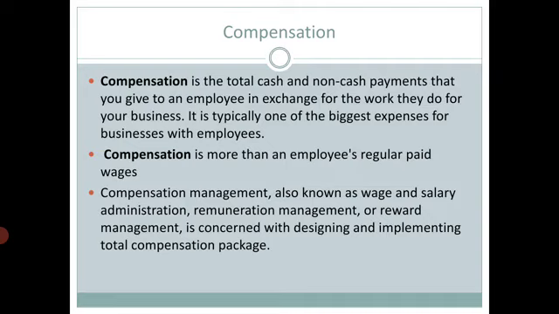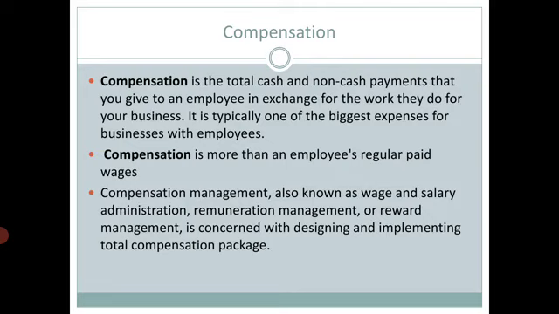Some are commonly known as blue collar workers and some are called white collar workers. What you pay to a blue collar worker is wage, as they work on machineries in the factory.